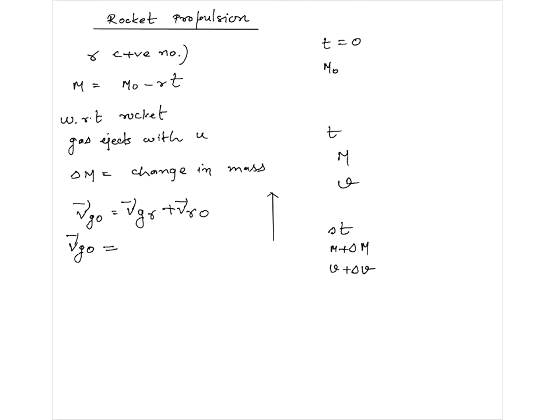Velocity of gas with respect to the rocket is downwards, U. But in upwards, it is minus U. Velocity of rocket with respect to observer, that is V. So that's V_GO, upward direction.